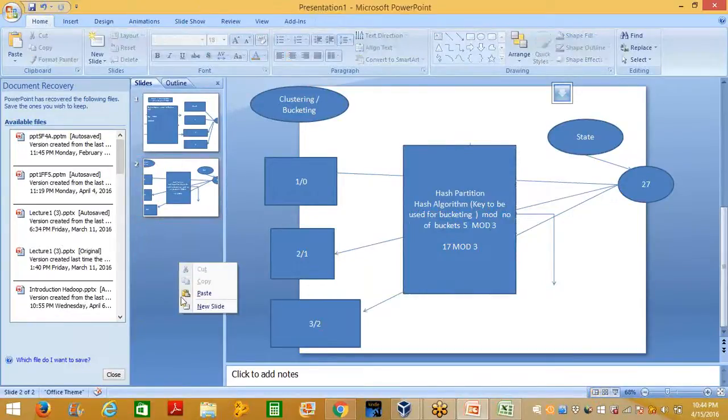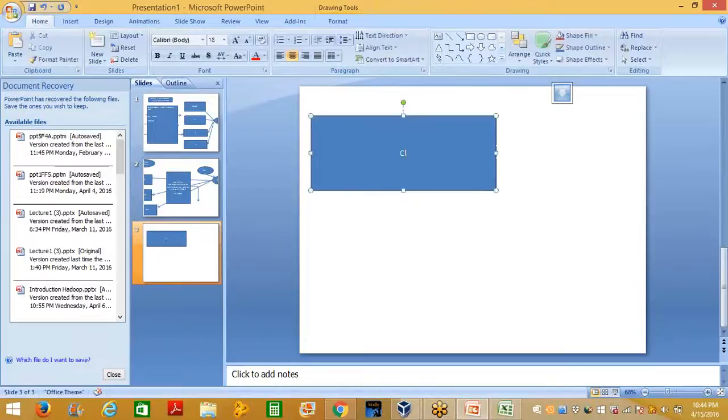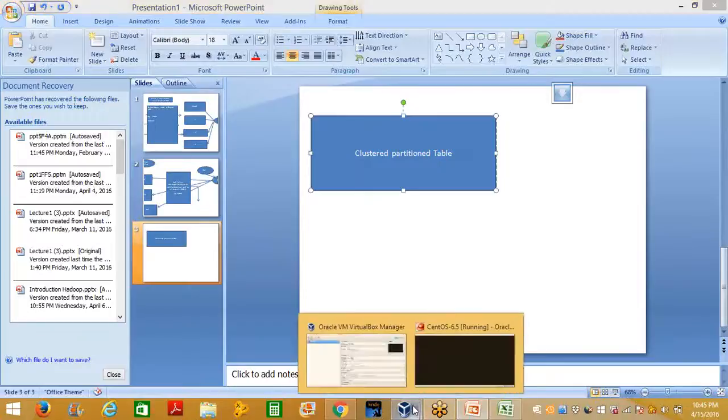In such a case, the type of table is treated as a clustered partition table. So I can do the clustering without partitions, as well as I can have the option of doing the clustering with partitions also.